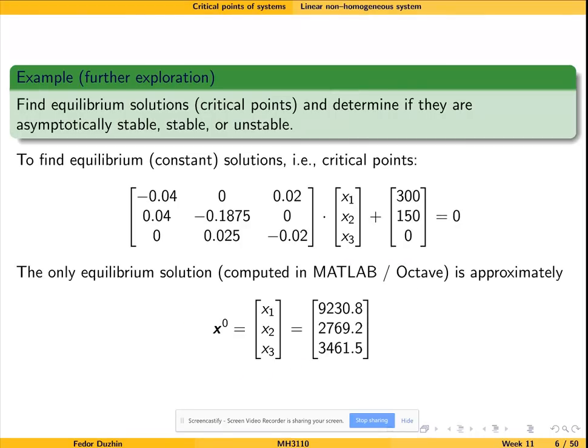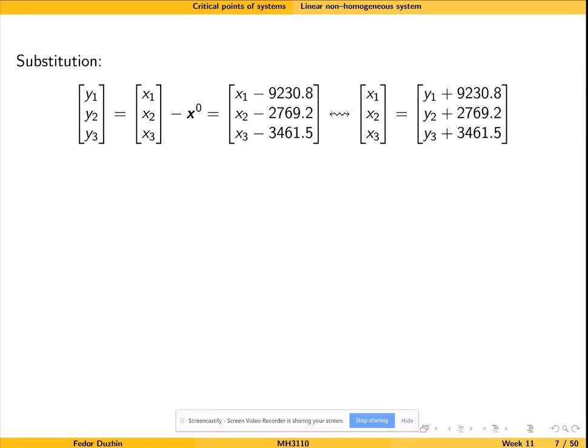Then I have solved it in MATLAB, and here is the approximate solution. So in other words, A times this vector x naught is minus b. Okay, let me continue.